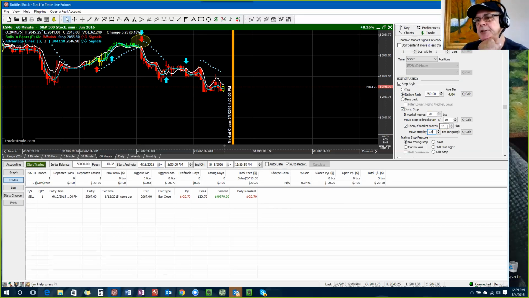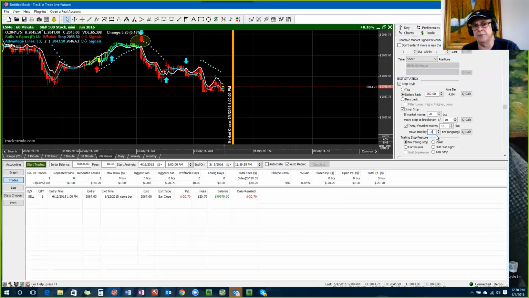Then if it moves 10 more, I want to move my stop down 15. Then if it moves another 10, I want to move it down 15 again. Eventually you're going to get stopped out faster. Faster, yeah. But you'll get stopped out with more profit. And a lot of the times that works in your favor, a lot of the times it works against you, depending on how the market reacts.